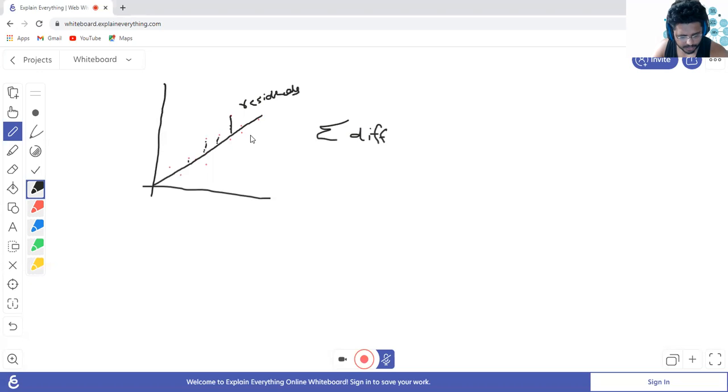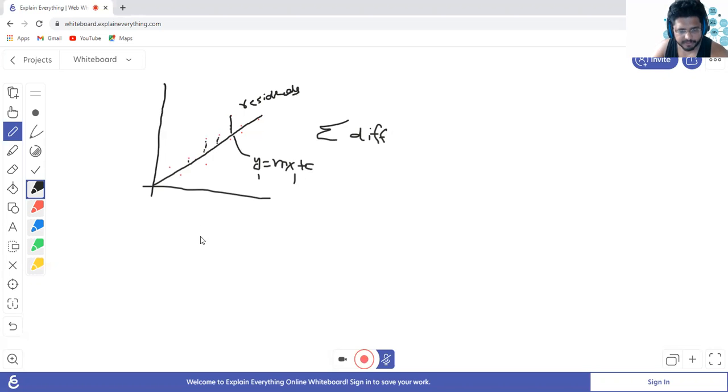Imagine this is a line with equation y is equal to mx plus c, and then what you do is you put all the x values inside this and get the corresponding y values and subtract from the original value.